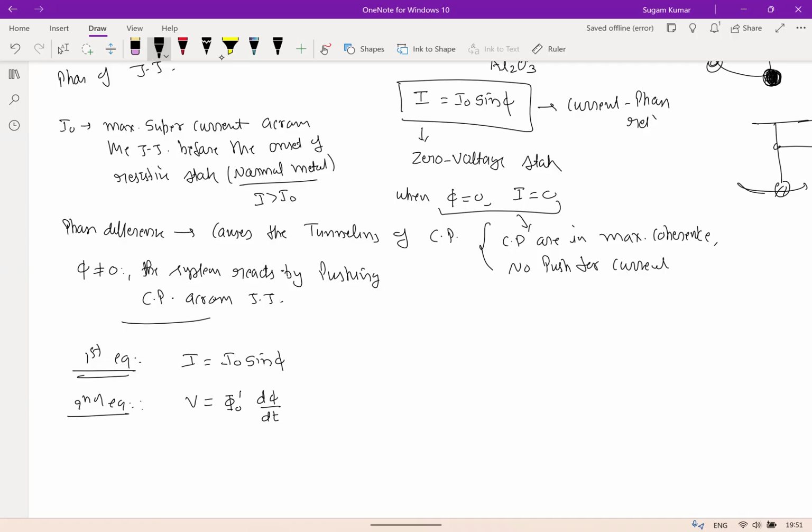The first is called the current-phase relation and the second is called the voltage-phase relation. Both these Josephson relations can be derived by solving the Schrodinger equation with an overlap of the wave functions from both sides. This is the mathematics. You can go and check how to derive both equations, but I'm going to use them.